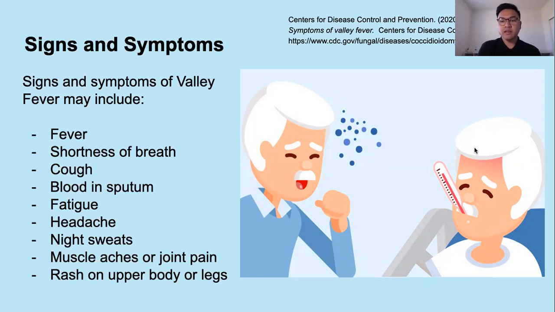So people that get infected with this fungus can present as symptomatic or asymptomatic. Symptoms can also last a few weeks to a few months, depending on the severity, and approximately 5 to 10% of the people who get valley fever will develop long-term problems in their lungs or other parts of their body like the central nervous system, their skin, their bones, and their joints.